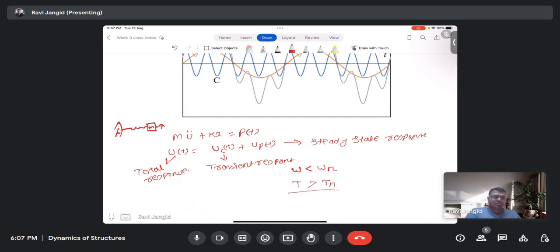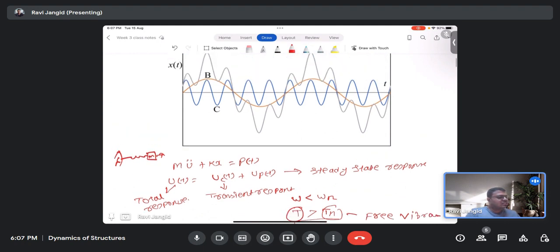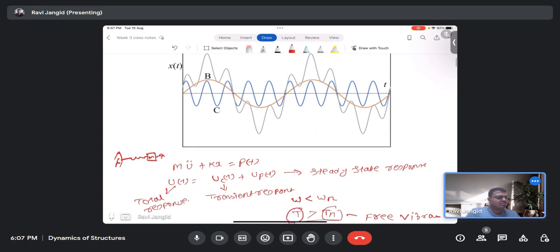Yes, T is for the force vibration, and Tn is for the free vibration, or the transient response. So if T is greater, which curve has more time period? B is having T more. So if we look at B, the T is this one.